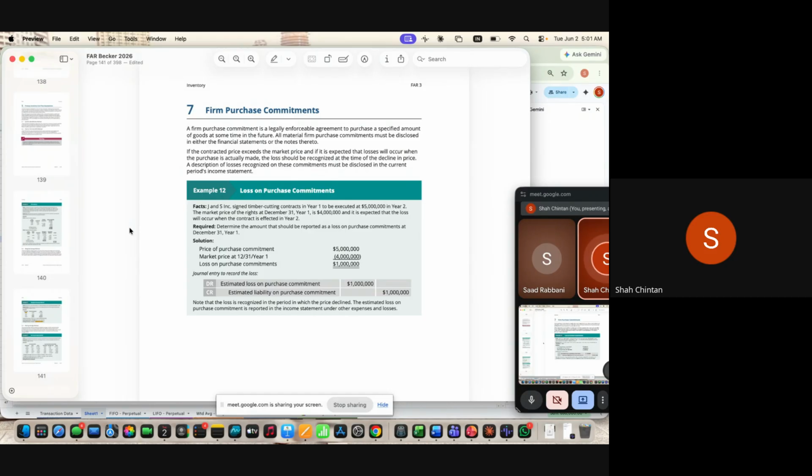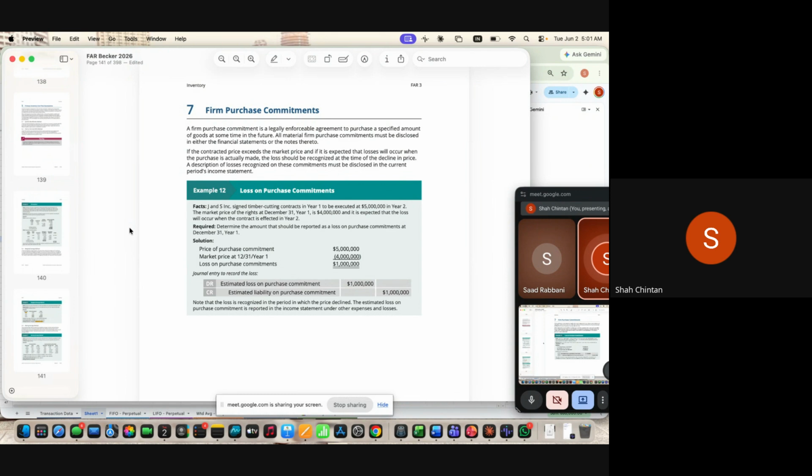But because you have signed a contract, you don't have a choice, you have to pay 5 million for this particular item. And you expect that you will have a loss of 1 million in future. So the loss has not occurred yet because the contract will be executed in year two. But at the end of year one, you know that you will incur a 1 million loss based on the market condition. So today you create a liability, today you will create an accrual.